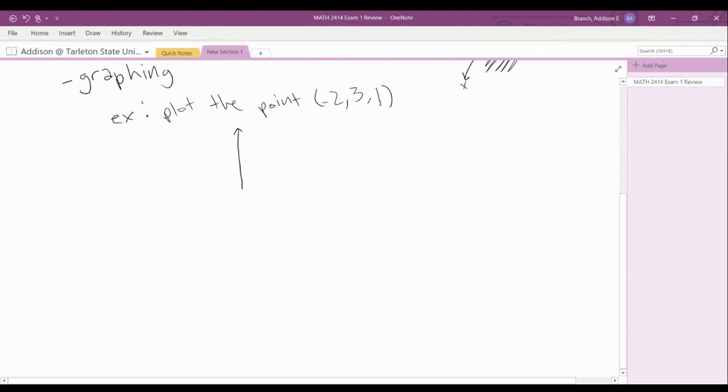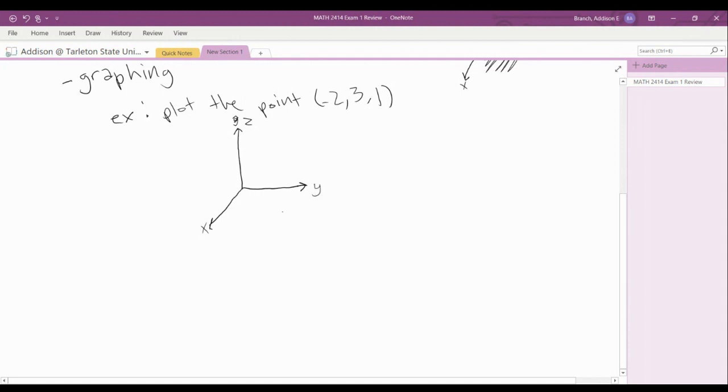Our X is going to come, quote unquote, out of the page. And then our Y is going to be going left to right. It's like whenever we first started learning how to graph 2D coordinates, we think of this as one piece at a time.